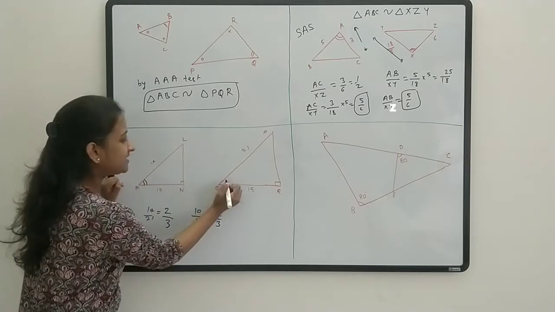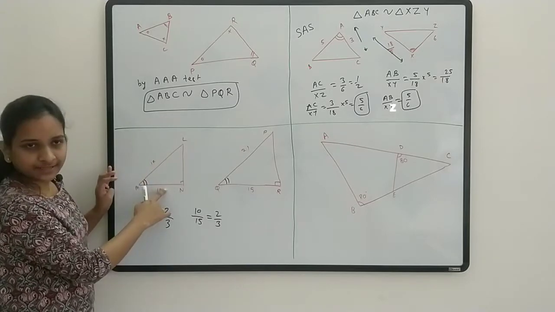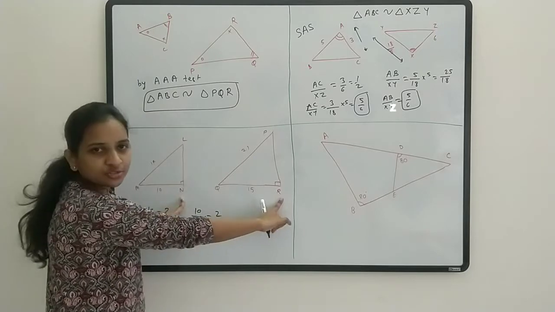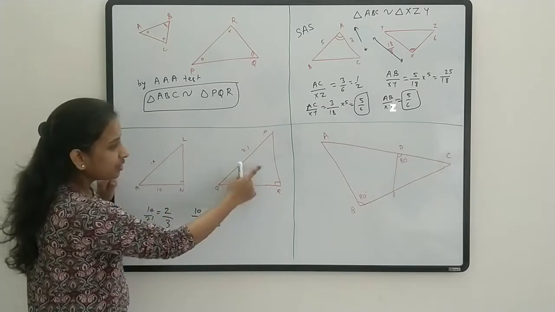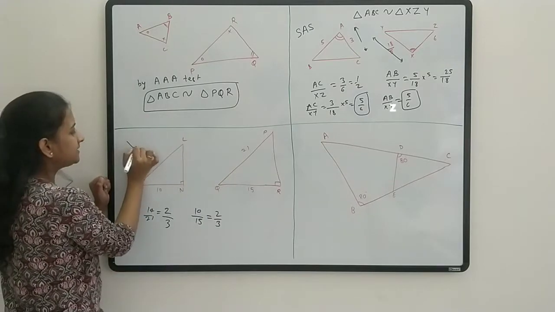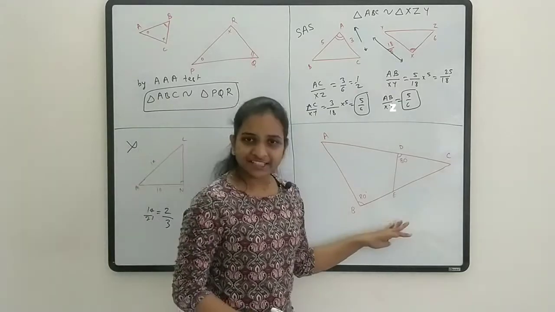If this angle is equal to this angle, then only we can say by SAS test. But here angle N is equal to angle R. So this is not SAS test, right? So they are not similar triangles. Fine? Got it?